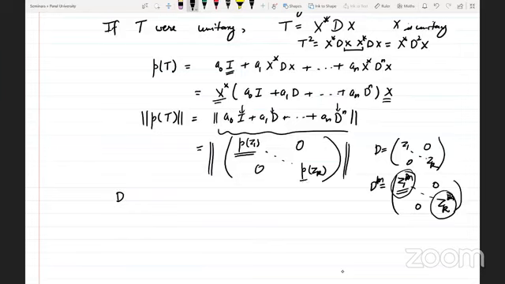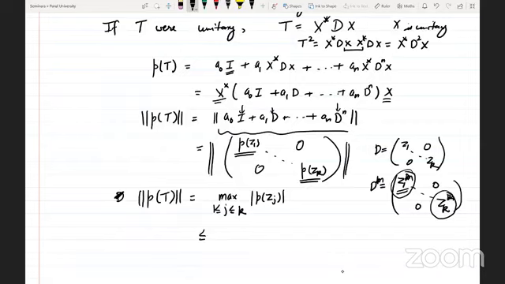Your polynomial appears here. And now if you look at the norm of P(T), it is basically the maximum of the diagonal entries. But these Zj's were coming from the unit disk, or they were of modulus equal to 1 actually.